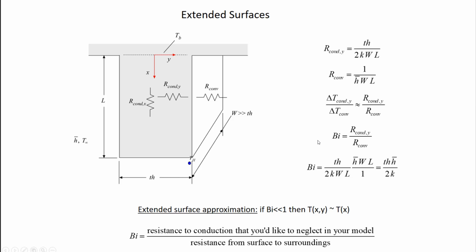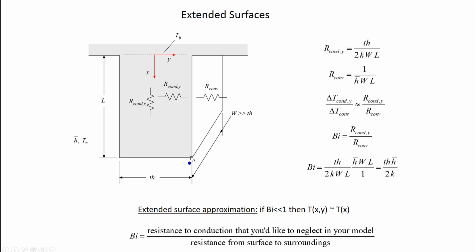One thing that you need to understand before we move on is that this Biot number that I've written down here is the correct Biot number for this problem here, right? But there's all different kinds of problems, and this won't always be the right Biot number to calculate.